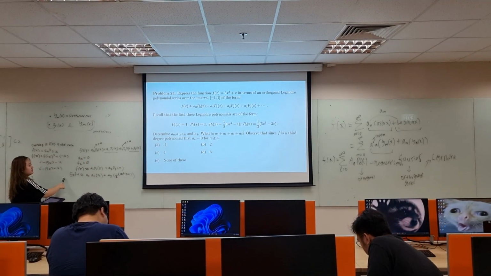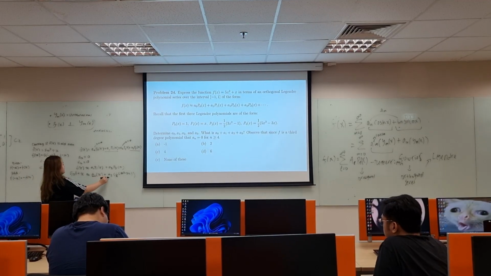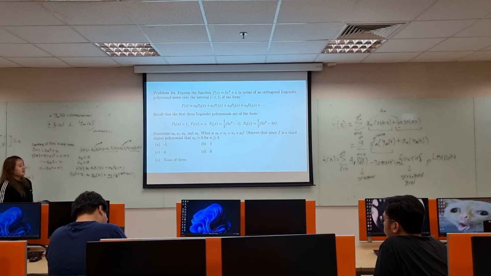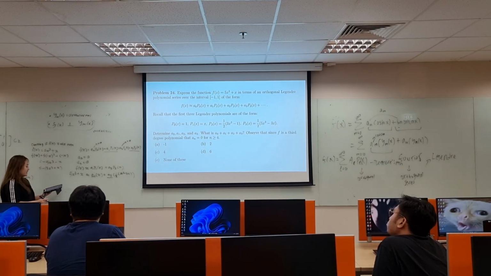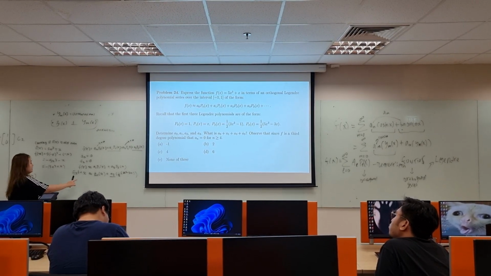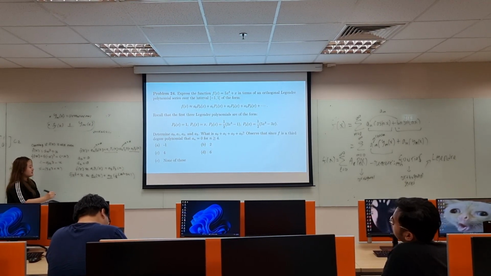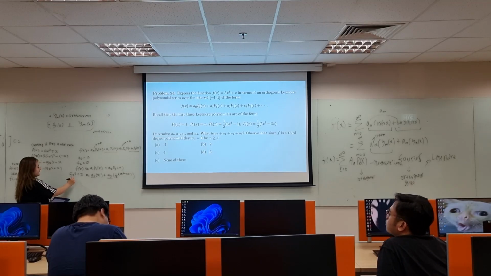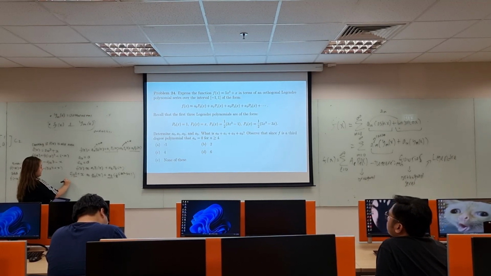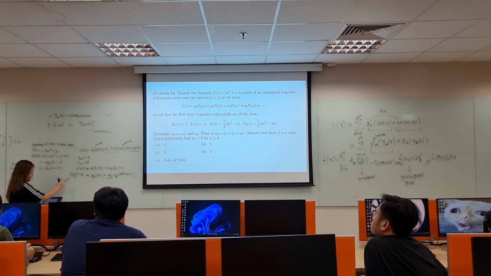So now what we are going to find is the constants a1 and a3. To find this, we use matching coefficients to solve for a1 and a3. For example, here there's x cubed.